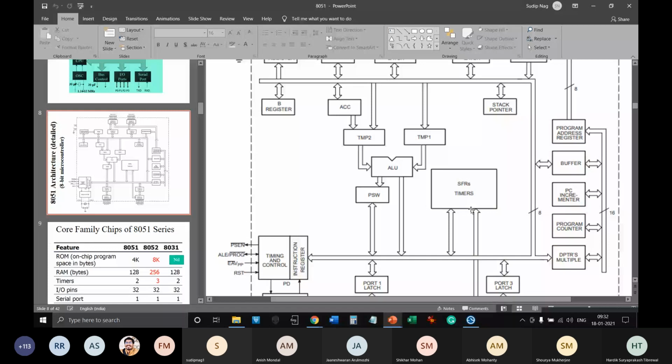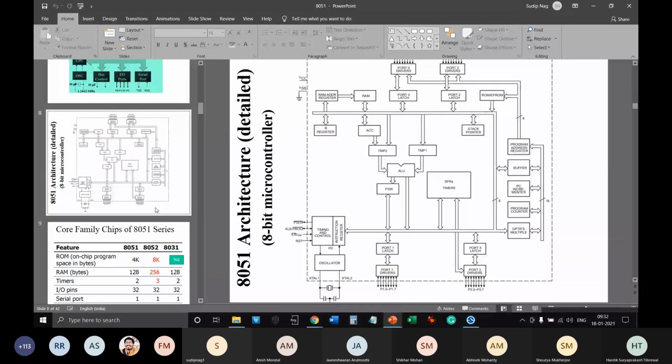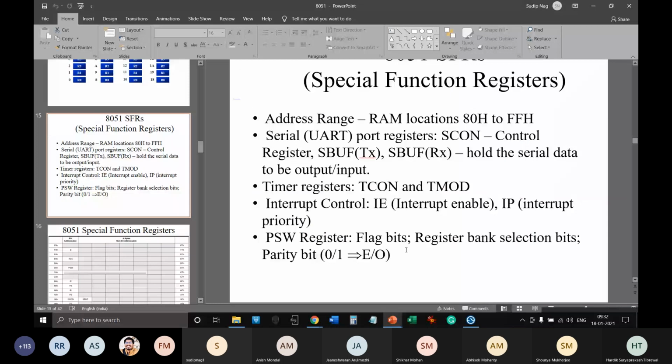Okay, so inside this microcontroller you'll find all these special function registers. Now, PSW is also known as the flag register. Flag register means if you do certain operations using the ALU, the arithmetic and logic unit, you will find that the answer is either 0 or non-zero.